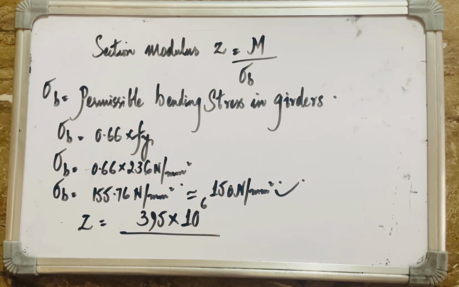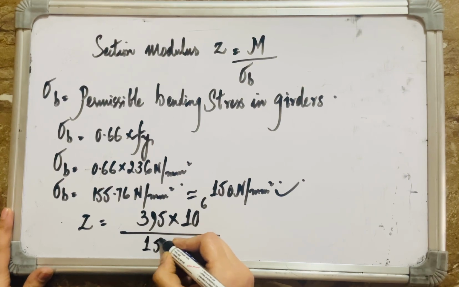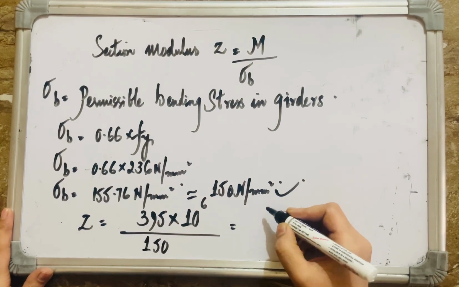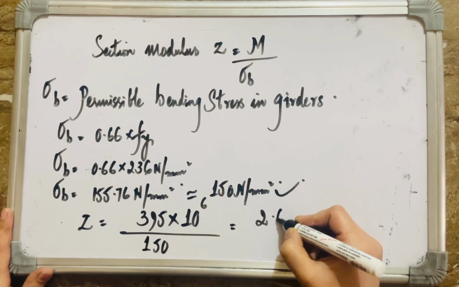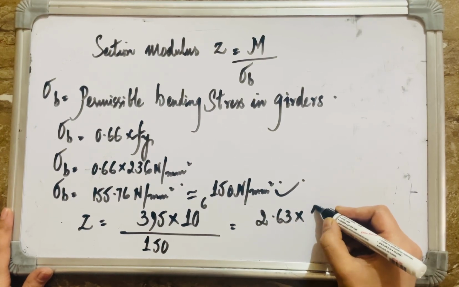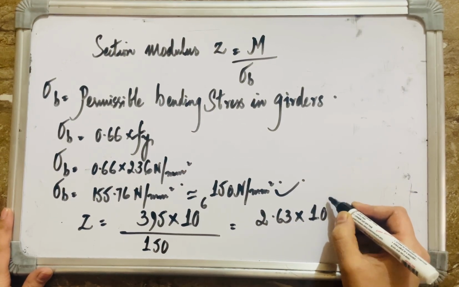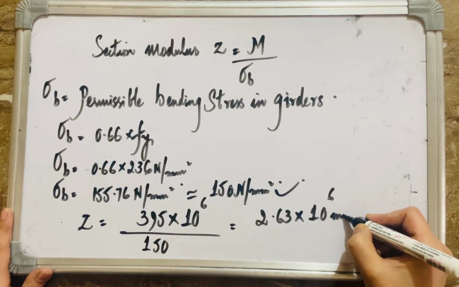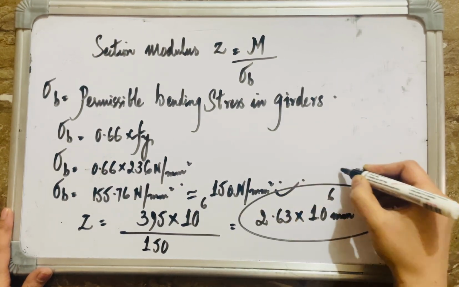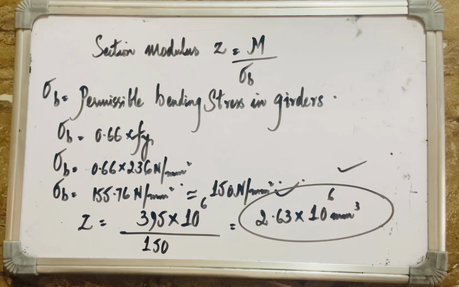Divided by permissible bending stress in girders, how much am I taking? 150 Newton per mm square. So section modulus by calculations is equal to 2.63 into 10 raised to the power 6 mm cube. All right. So this is my section modulus, and accordingly I have to select what type of section I'll be using for my stringer beam.